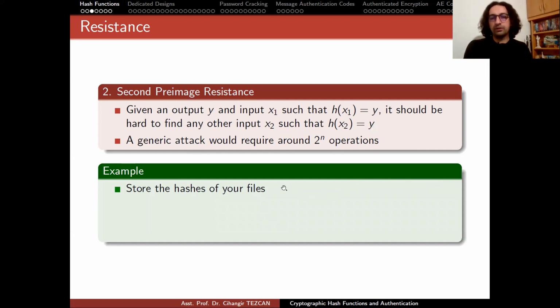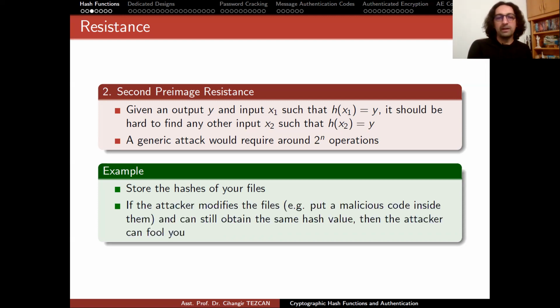An example is as follows. If you store the hashes of your files or the hash of your hard drive, which forensics actually does at a crime scene, you have to take the hash of every storage. So assume that you've done this. If the attacker modifies the files, so for instance, puts malicious code inside them or adds more files to the hard drive and so on, and can still obtain the same hash value Y, then the attacker can fool you.